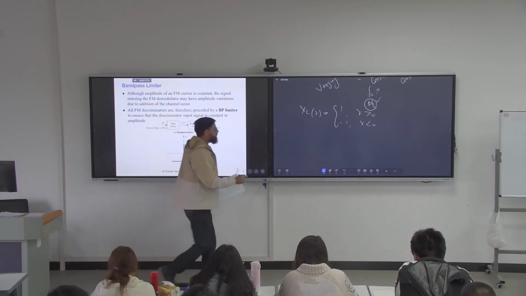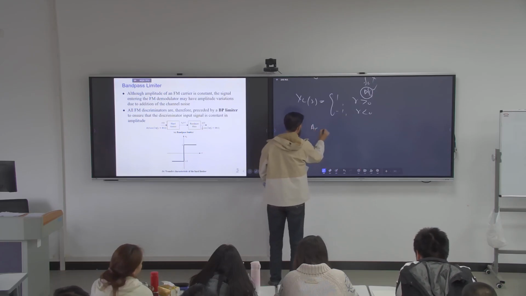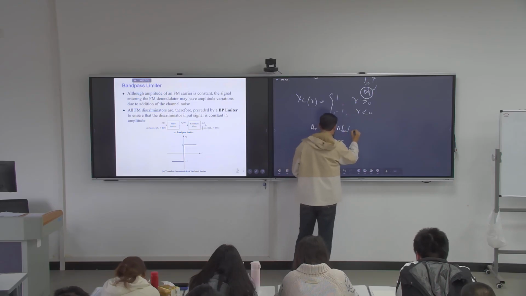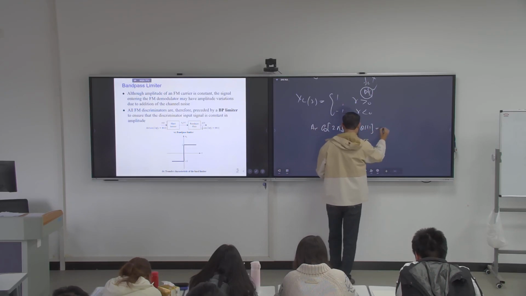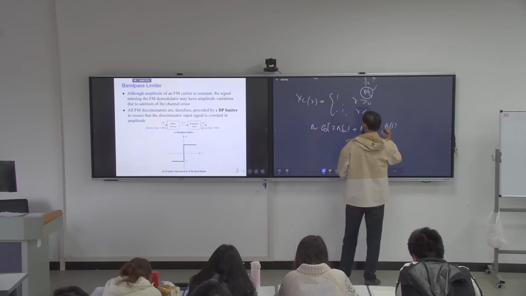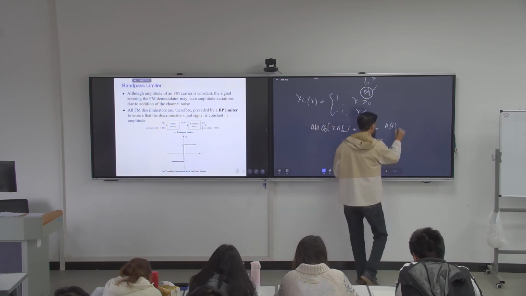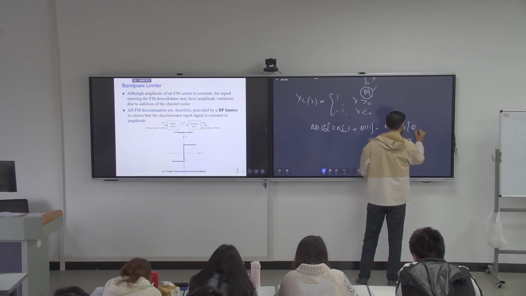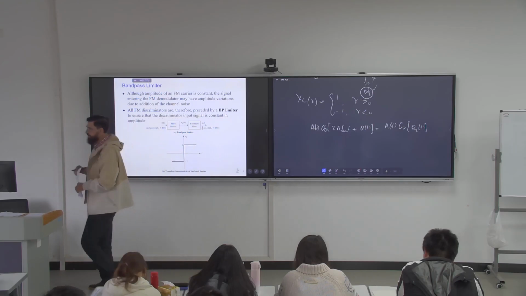So can I write this equation like A_c cos of 2π f_c t plus phi(t), in this form, A_t cos of phi_i(t)? This is the phase.